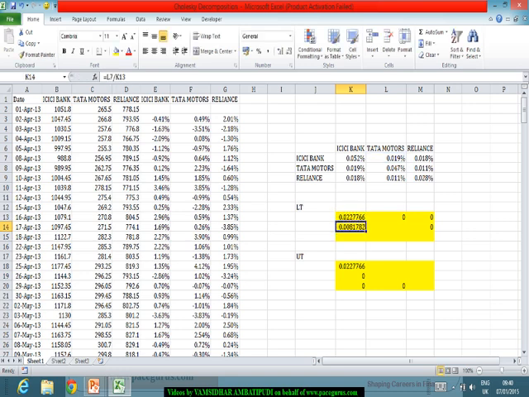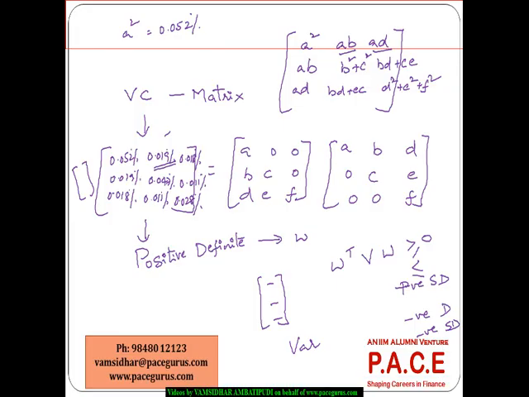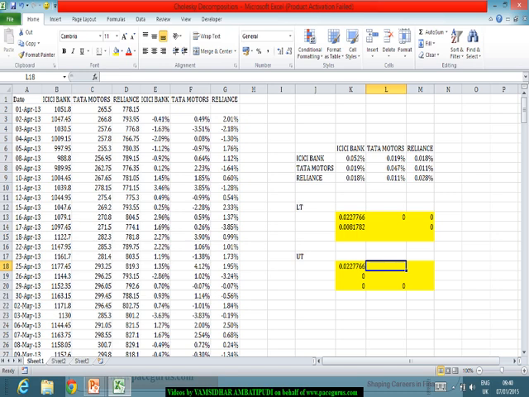So I know that this is the value of B. In the upper triangle matrix also, it's going to come out to be this number. The same logic I can apply to D. This is AD and I divide it by A. So this comes out to be D. So here also this is my D.